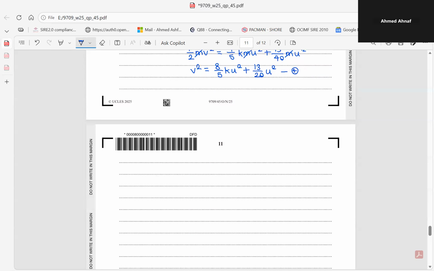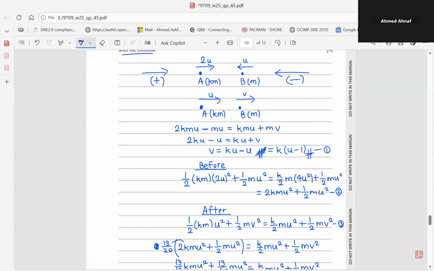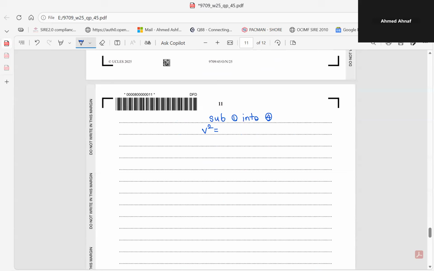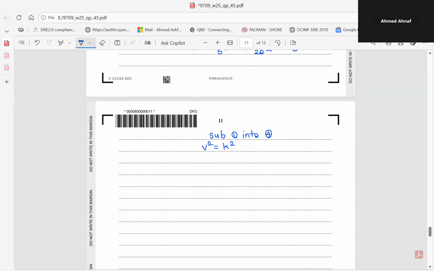Now we're going to substitute our first equation into the fourth equation. So v squared, according to the first equation, is k squared times u minus 1 squared. So u minus 1 squared is u squared minus 2u plus 1.